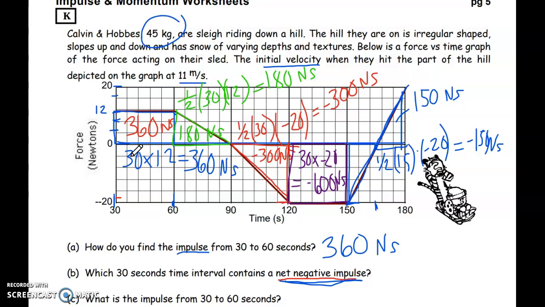Our next part, from the 120 to 150 seconds, that was negative 600. So if we subtract 600, that gives us a net negative impulse of negative 360 newtons. So the time interval would be from 120 to 150 seconds.